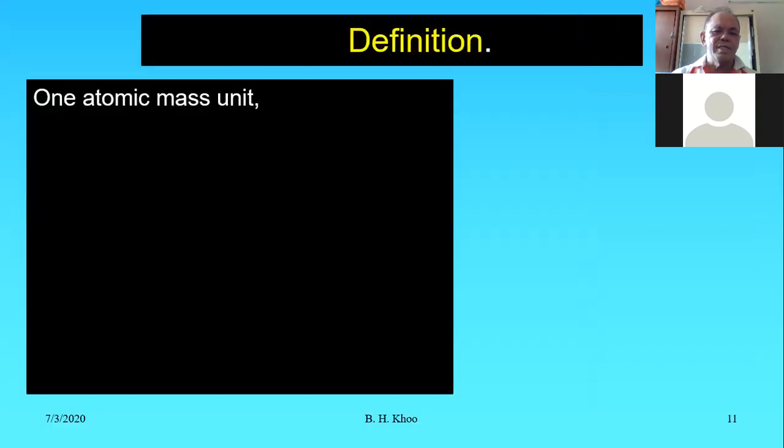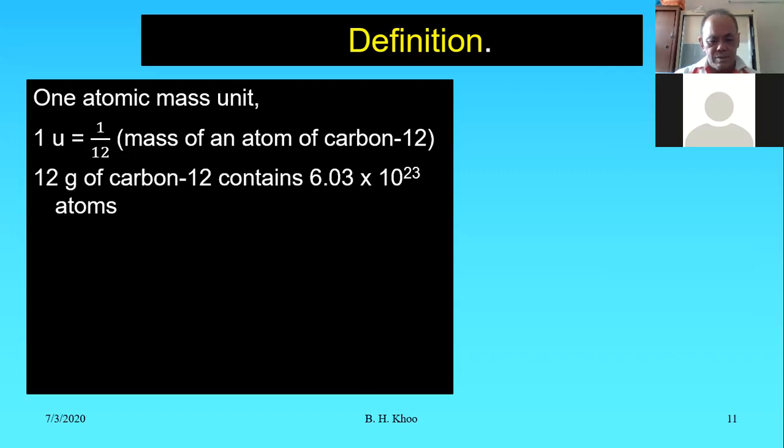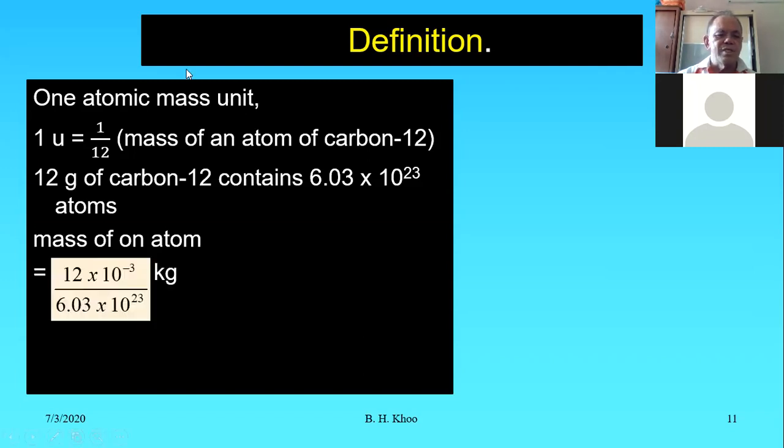Right? One atomic mass unit, 1 u, from the definition is 1/12 the mass of an atom of carbon-12. 12 gram of carbon-12 contains 6.02 times 10 to the power 23 atoms. So for the mass of an atom, just take 12 gram, convert it to kilogram, divide by Avogadro's number, and we get the value 1.99005 times 10 to the power minus 23 kilogram.